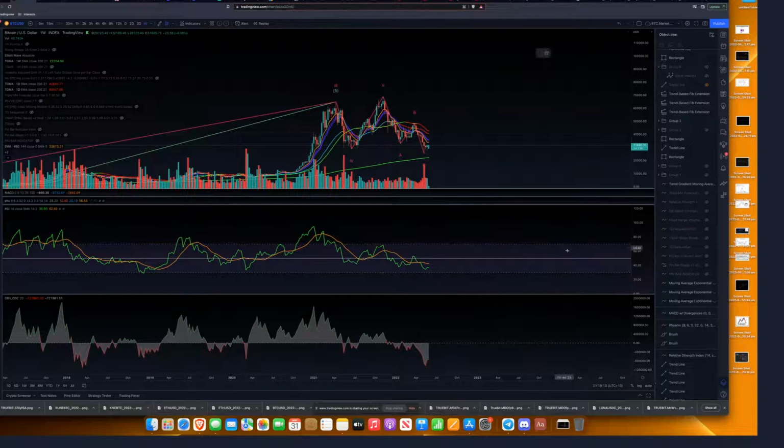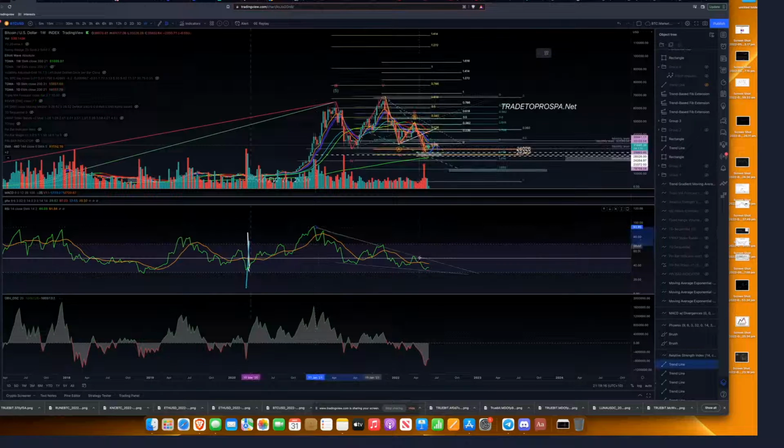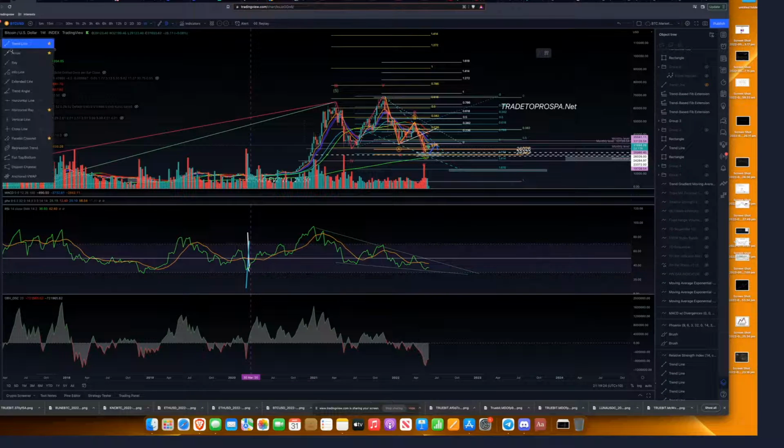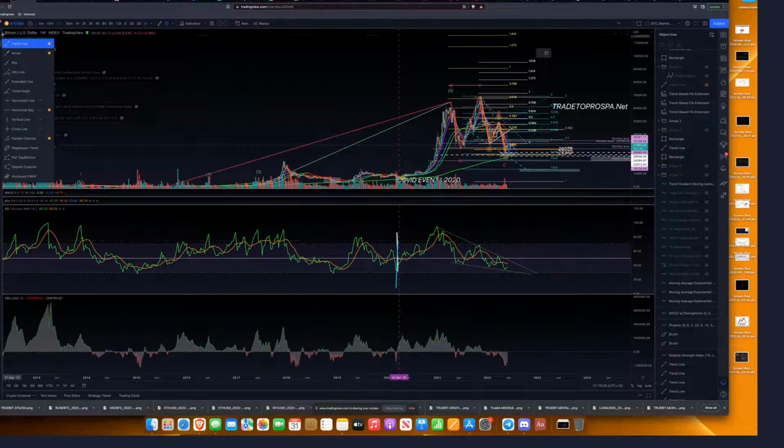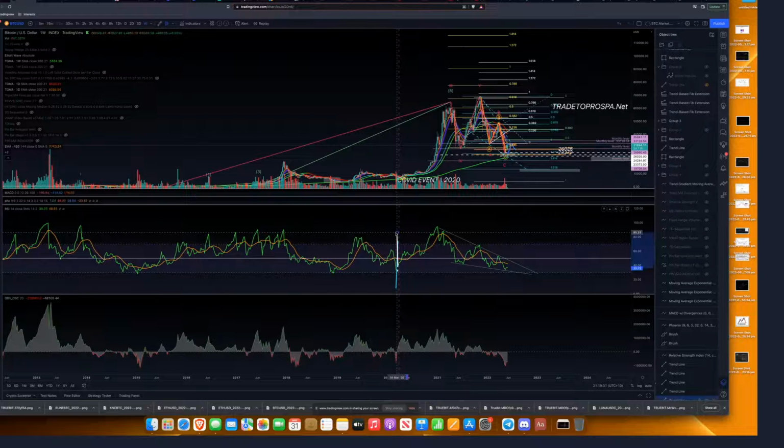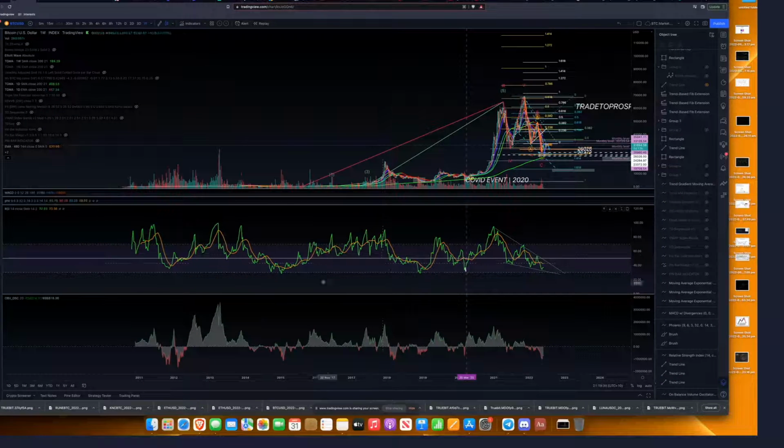So from a weekly perspective, just play that simple rule. If you want to be conservative, we use this RSI, and if we look at other historical events, it came a bit lower. So this is repeating.